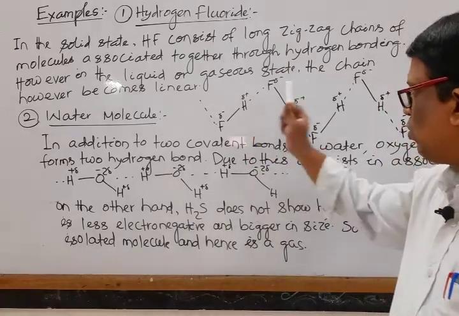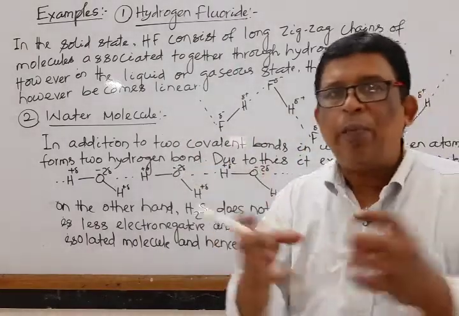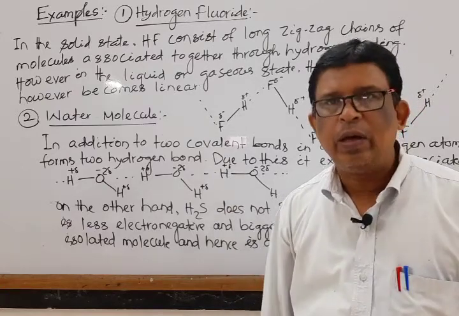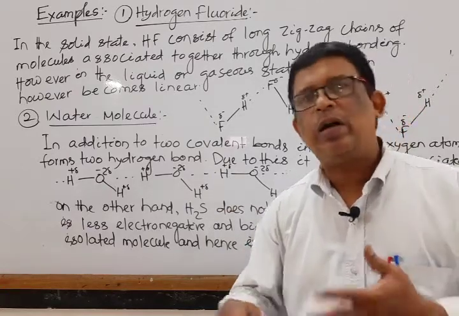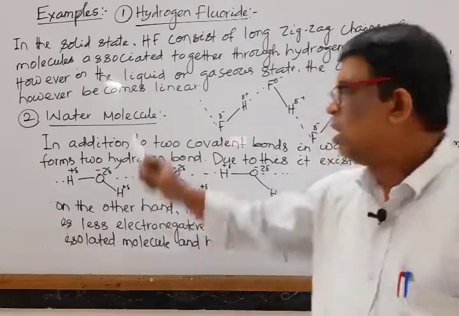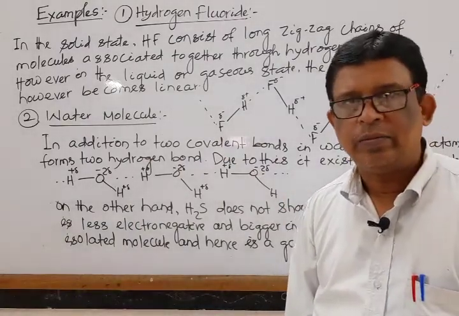This is the zigzag form. In the solid state, the compact form is there due to its high melting point and boiling point. But in the liquid or gaseous state, as the magnitude of forces of attraction decreases, this zigzag structure becomes linear.